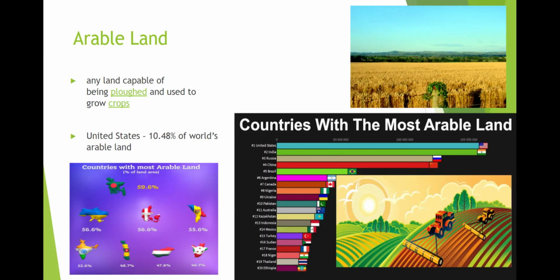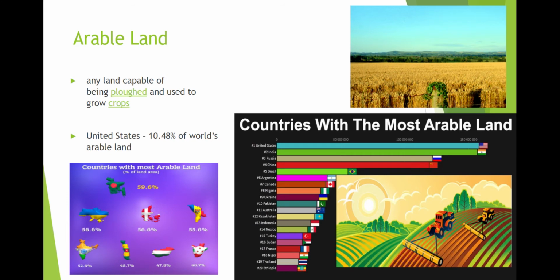All right, so the next thing we're going to talk about is going to go with the final two types of population density. So it is the term arable land. So we're going to add this in. Arable land is defined as any land capable of being plowed or used to grow crops. So arable land is going to be important because in the next two types of population density, we are going to be looking at population divided by arable land.